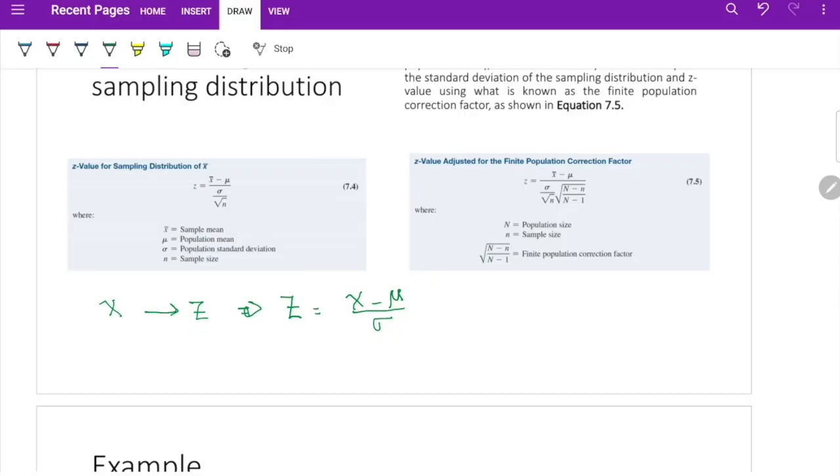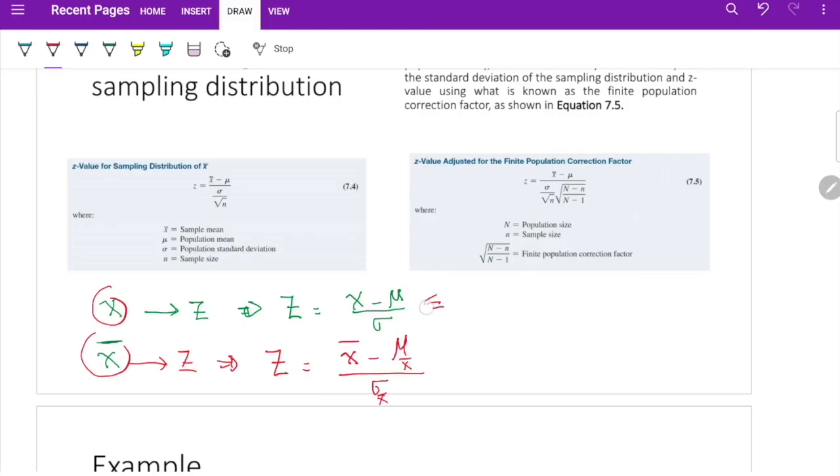But now we can standardize x bar, because we have a sampling distribution, and the values on the x-axis are x bar, not x. So we want to standardize x bar to z. z equals x bar, the value on the x-axis, minus mu of x bar, the average of these values, divided by sigma of x bar.